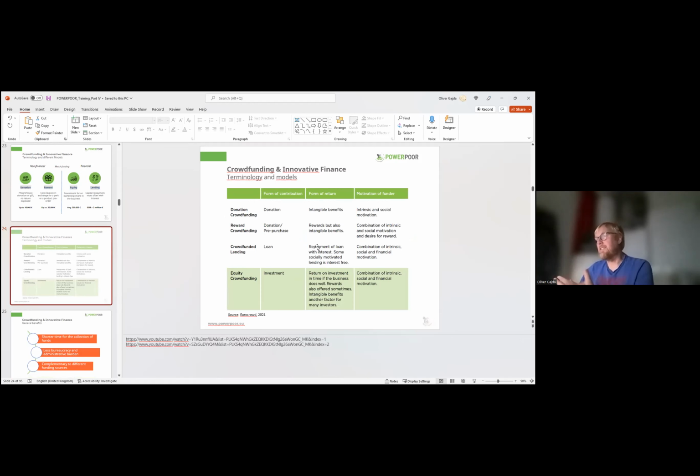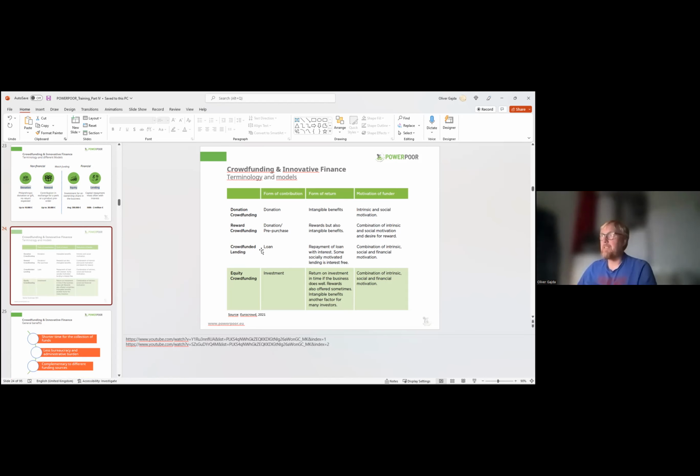Here again, just a short overview, and we have the donation with intangible benefits. So it's intrinsic. We have reward with a combination of intrinsic and some tangible but not related things, returns. And then you have a loan, which is a plain vanilla classic loan as you would get in the bank.